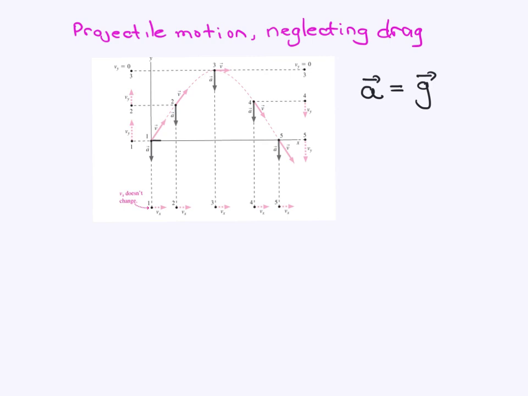I don't want to overemphasize it because the problem is, since this is something people learn early in the course, they tend to memorize these equations, and then it's human nature to want to apply them to all sorts of situations, including many where the acceleration is not constant.